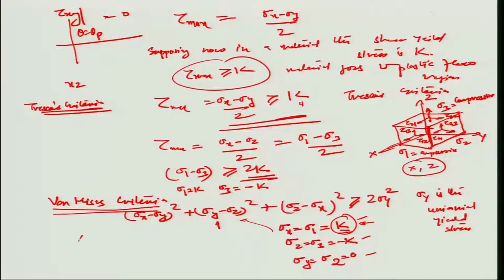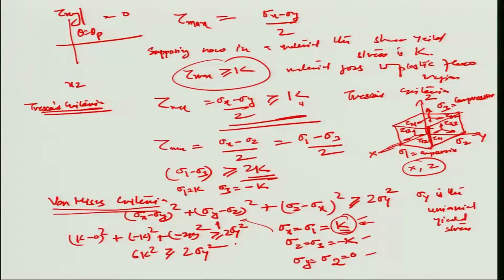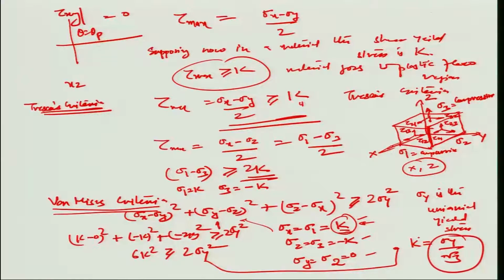Here we have k minus 0 squared plus 0 minus (minus k) squared plus minus 2k squared is greater than or equal to twice sigma Y squared, or in other words 6k squared is greater than or equal to twice sigma Y squared, which gives you an overall condition that k should be at least equal to sigma Y by root 3 for plastic flow to happen.